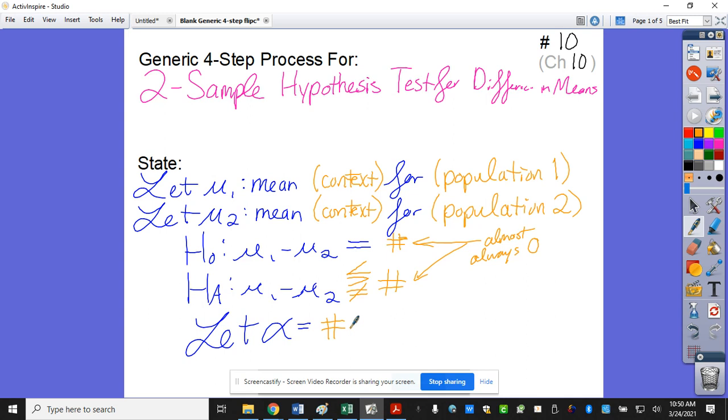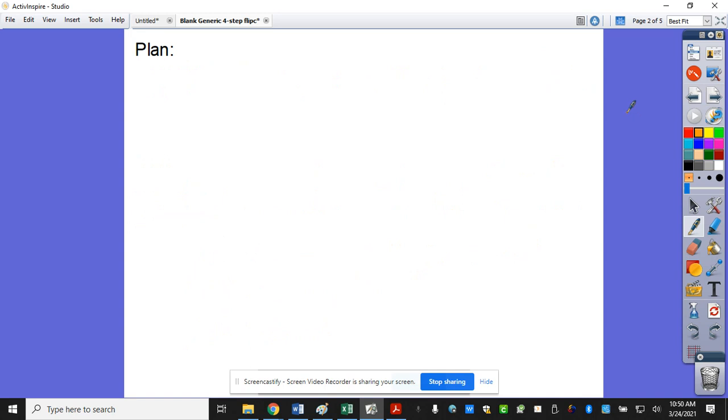Tests versus intervals for proportions. There's one thing that we have to be concerned with: we do math a little bit different with tests than we do with intervals for proportions. There's something in the 4-step that we use for tests that we don't use for intervals for proportions. What is it that we were just talking about?